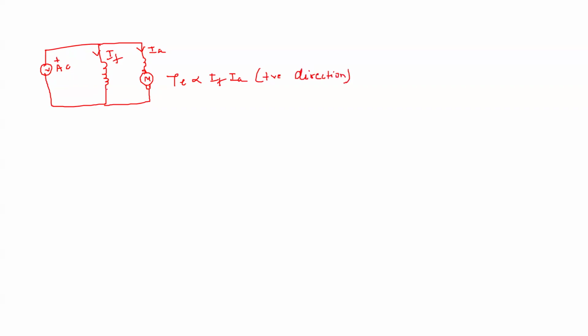But there is one catch. Now what happens is that this armature inductance is very low, whereas this field inductance, understand this, we are talking about the shunt machine, not the series, the shunt machine.